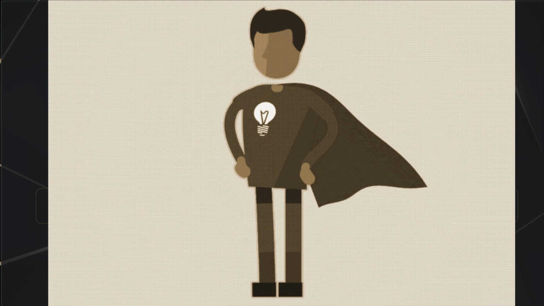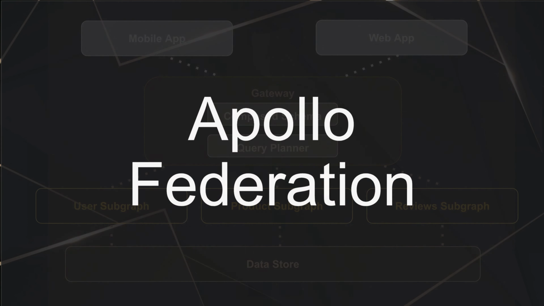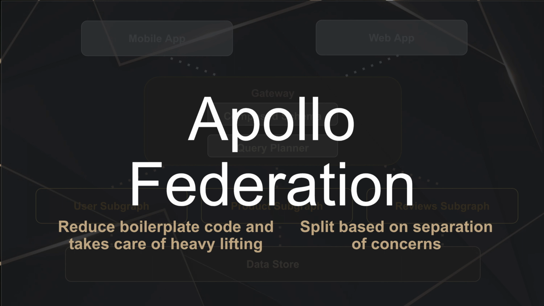So the solution to this is our hero, Apollo Federation. Apollo Federation reduces boilerplate code and takes care of the heavy lifting for us. And it lets you split your subgraphs based on separation of concerns. The schema stitching method actually had this system where you split based on types. And so it was really messy.